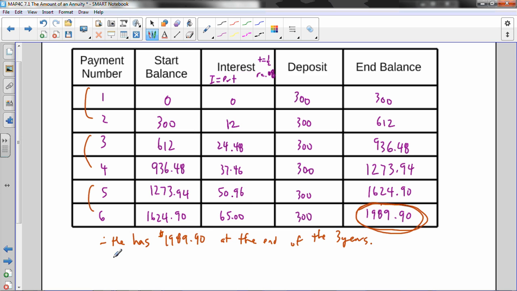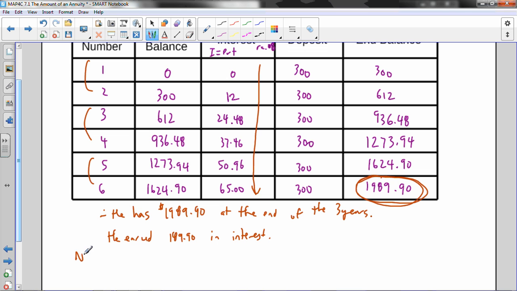Also notice, how much interest has he earned? Well, in this table, all I would have to do is add up this column. So he earned $189.90 in interest. Now also note that if I wanted to figure out how much interest it is, this is how much he's got at the end.